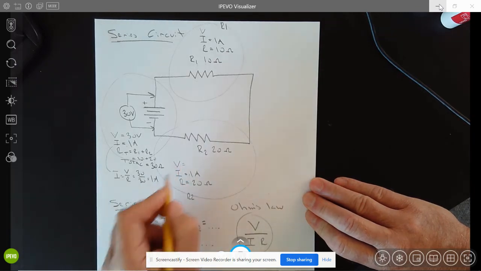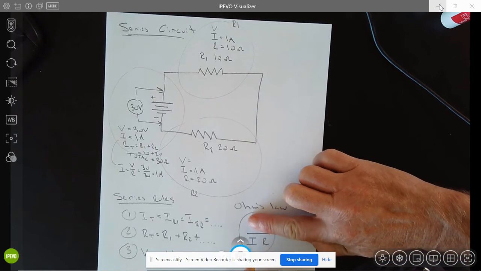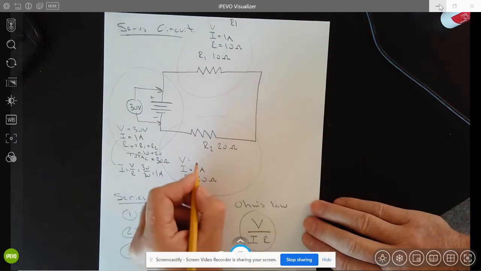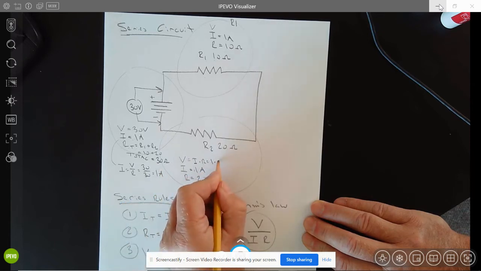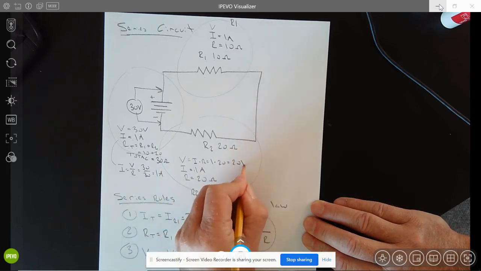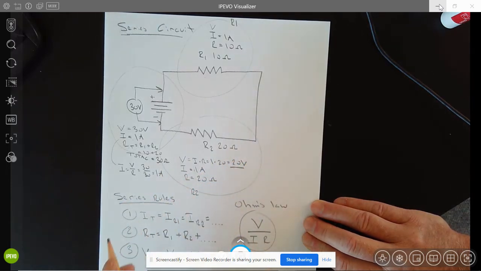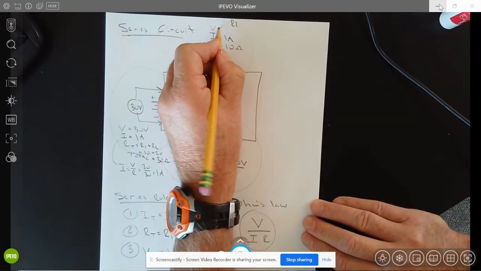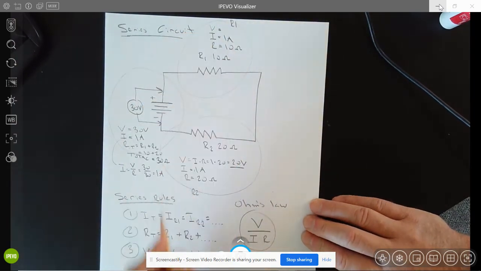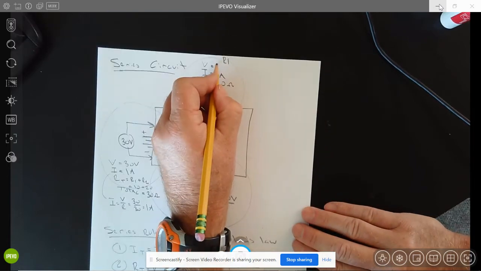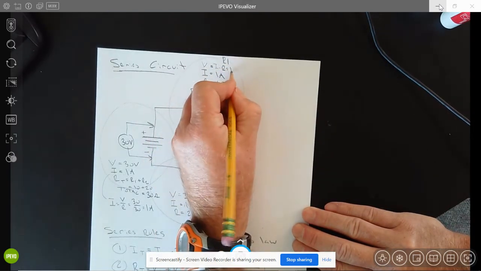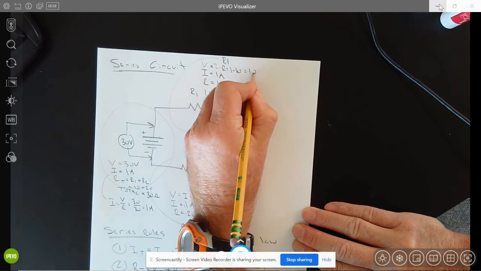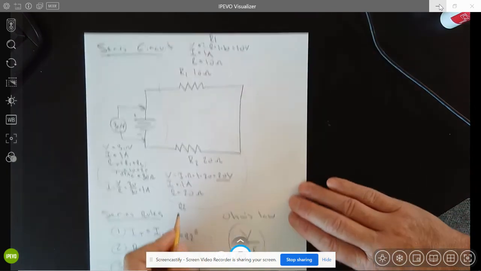So my voltage equals I times R. I times R, 1 times 20, 20 volts. My voltage up here is I times R, 1 times 10, or 10 volts.